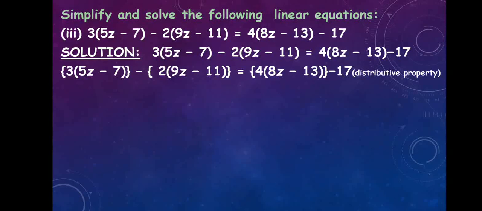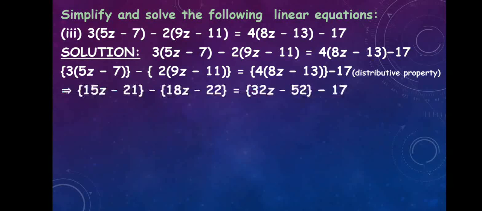I'll apply the distributive property inside these brackets only. So it will be 3 into 5, 15z, 3 into 7, 21, 2 into 9, 18z, 2 into 11, 22, 4 into 8, 32z, 4 into 13, 52, and the term outside the bracket will remain the same.